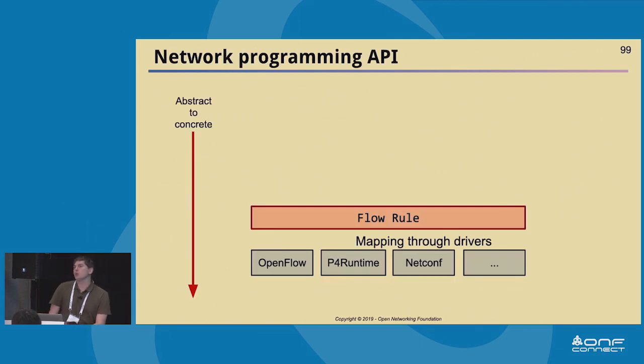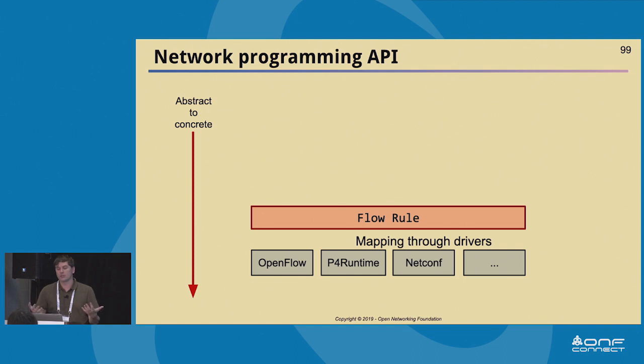Assuming you want to implement an app to program the network to forward packets from point A to point B, you can do this in two ways. The first way is to write an app that uses the ONOS flow rule API to install flow rules in the network devices. Flow rule is the same concept that was introduced by OpenFlow. The idea is that you have a match-action table, and you can provide entries to this table.